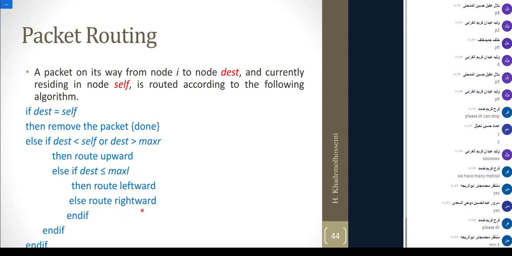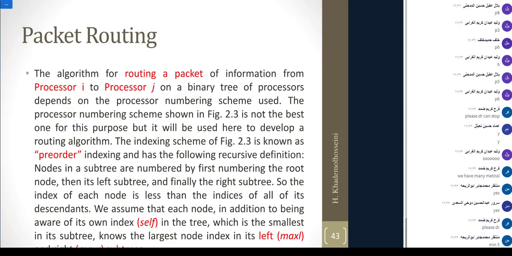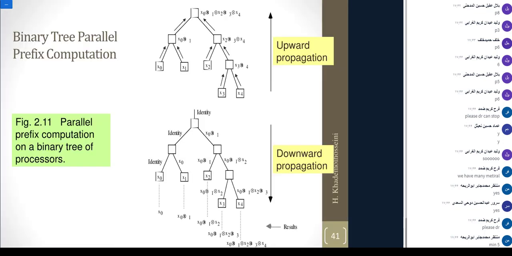As you know, we have three different movements: one upward, one leftward, one rightward. Rightward and leftward are downward. Upward is only one. Okay, so think about it. If you have any question, you can send me, but before that, think about it.